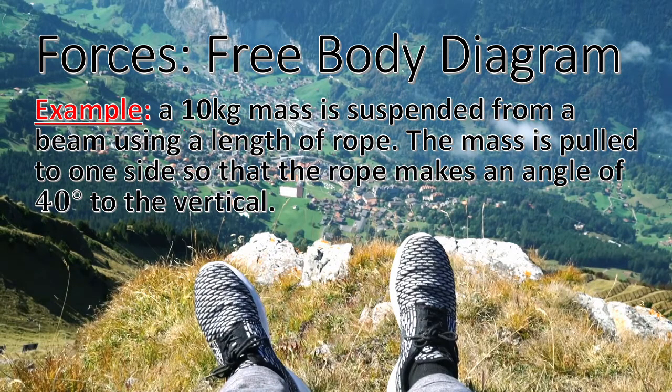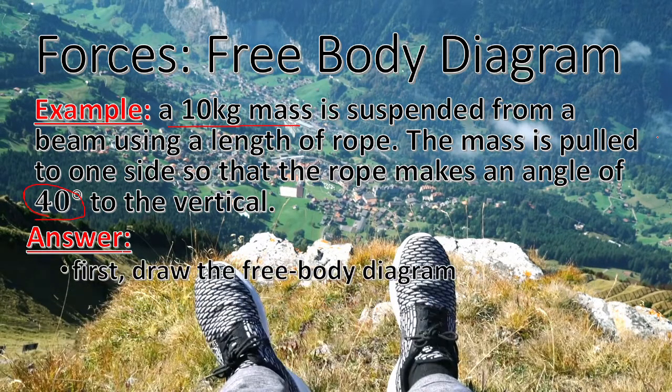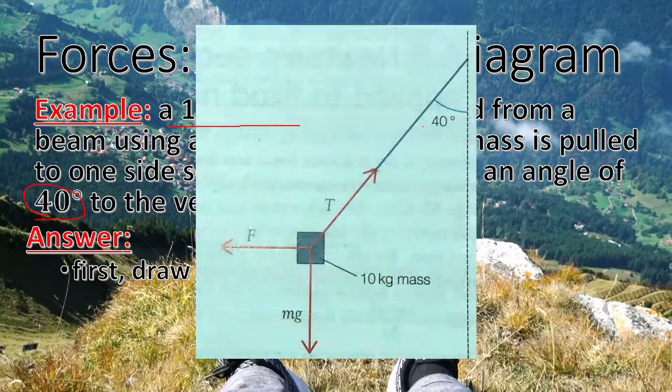So, example: a 10 kilogram mass is suspended from a beam using a length of rope. The mass is pulled to one side so that the rope makes an angle of 40 degrees to the vertical. Okay, we have our free body diagram here. So the first thing you really need to do is draw the free body diagram, which is this one.